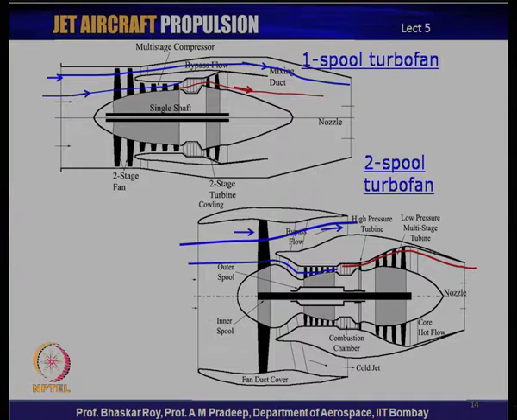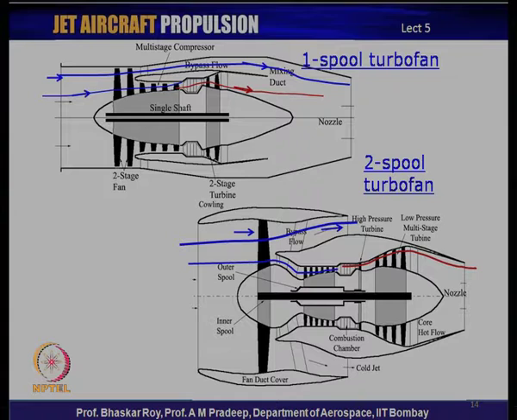A single shaft run by a set of turbines produces sufficient power to run the compressors and the fan in front of the compressors. Now, the fan is a bigger compressor, as we have talked about before, and they are called fans simply because they are bigger and look like fans, but they produce compression as much or more than actual compressors.